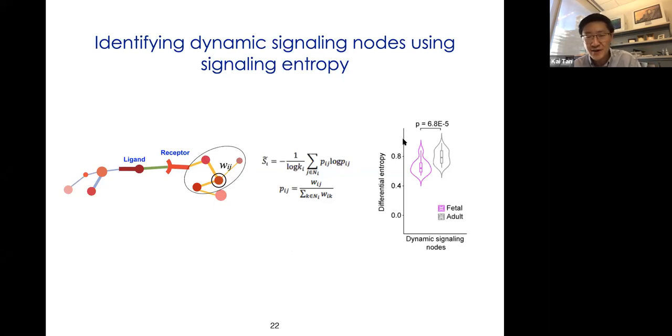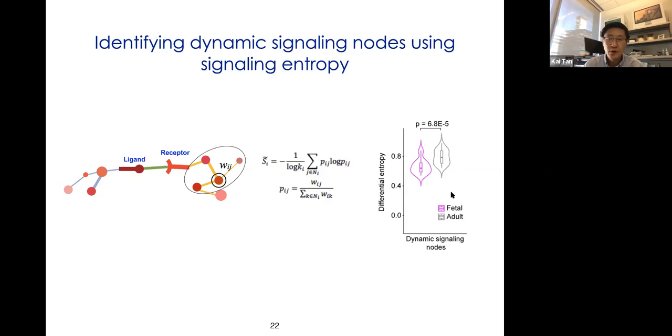Surprisingly, we found the signaling entropy for the adult pathway genes is significantly higher compared to the fetal pathway genes as shown here. So this suggests that the adult signaling pathway may be more plastic compared to the fetal version, even for the same type of cells.